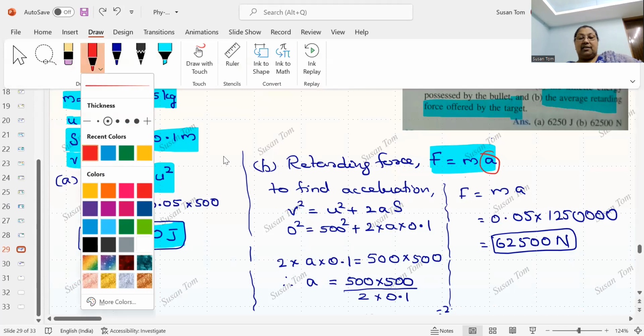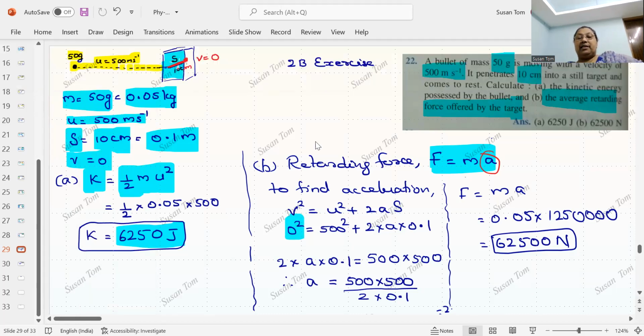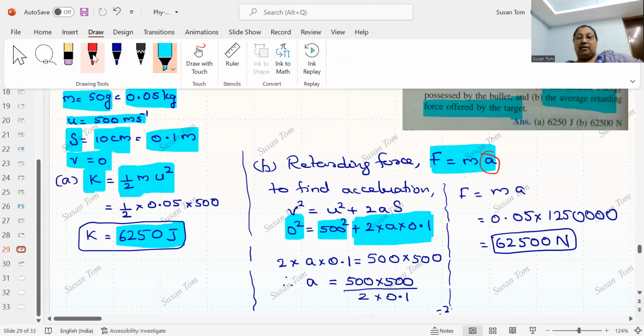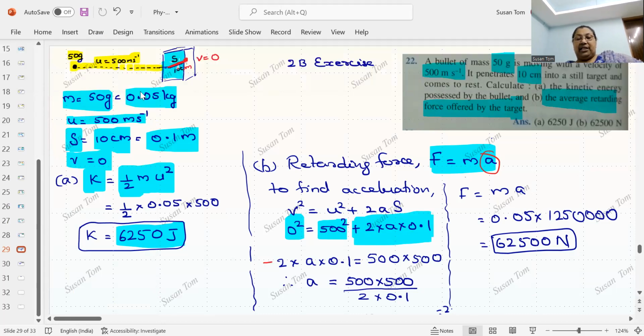Zero square equals 500 square plus 2 into a into displacement, 0.1 meter. Now this 2a into 0.1, which is added on the right side, I'm taking to the left side, where it becomes negative. Or you can keep the negative sign on 500 square, that will be better.